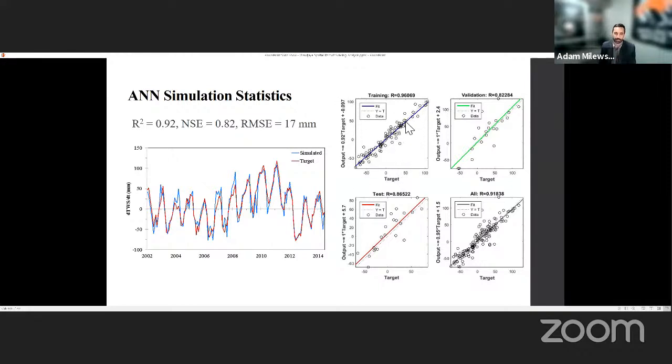If you're looking at a plot here of target versus output, you would see in the training, we have a high correlation. The validation, it goes down a little bit. Our test, it's improved a little bit after we retrain after validation. And overall, we have a 92% accuracy, so to speak, with how accurate our downscaled GRACE data is.